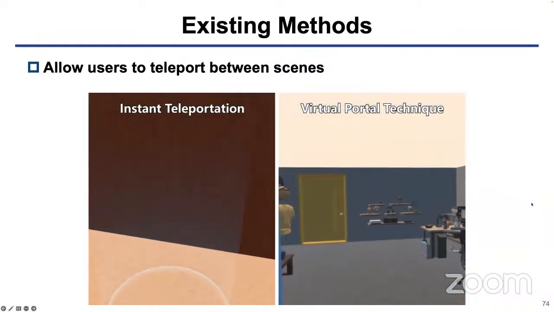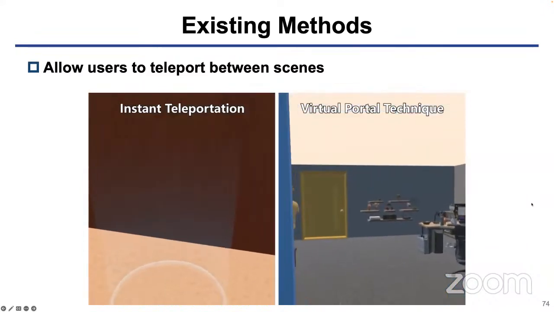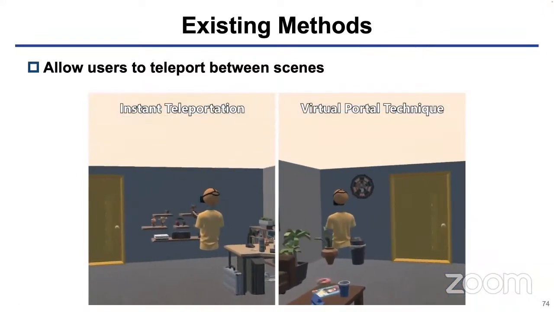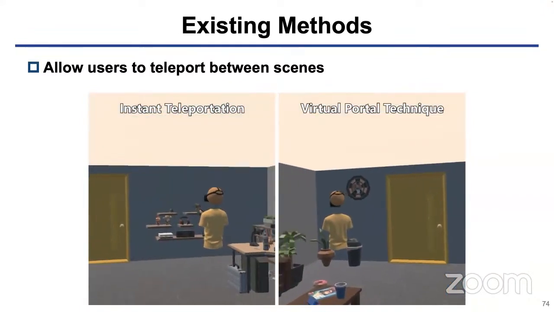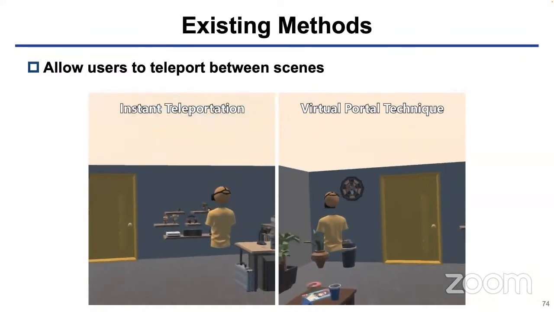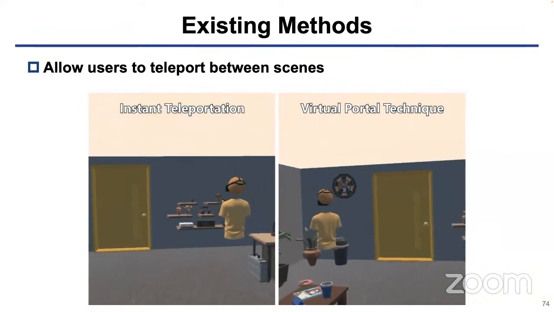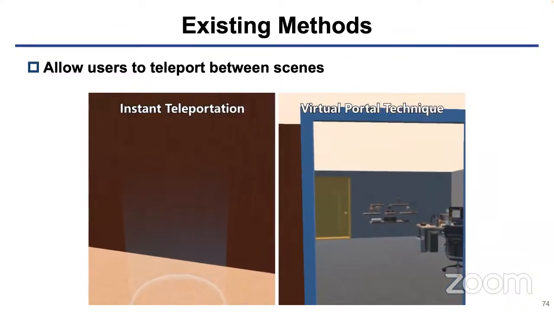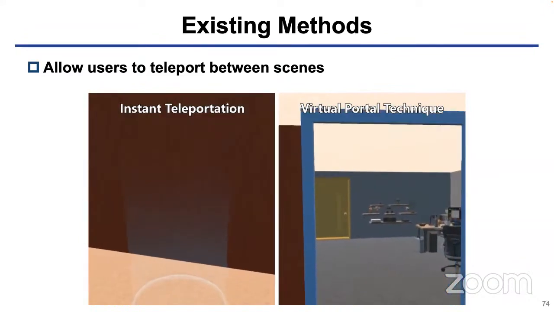To solve this problem, existing methods allow users to teleport between scenes. For example, the instant teleportation method allows the user to walk in a circle and teleport the body to the other virtual room, and the virtual portal technique allows the user to walk through a virtual door that connects the different rooms.